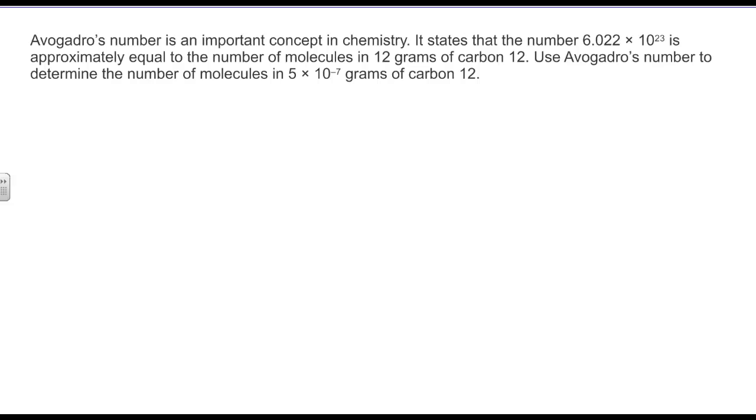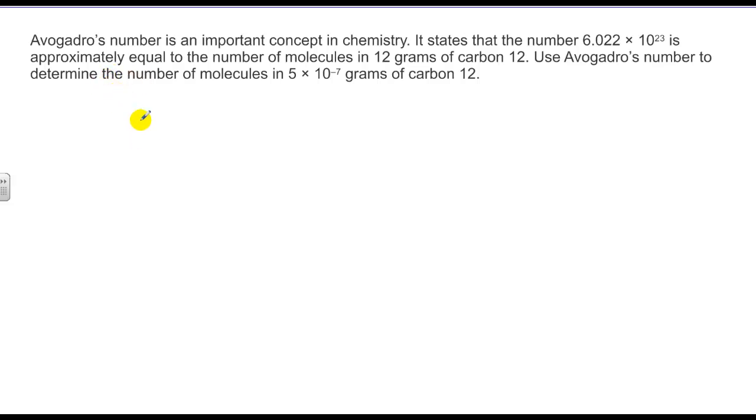So if this 6.02 times 10 to the 23rd is the number of molecules in 12 grams, I want to know how many in 5 times 10 to the negative 7th. Well, I can do a proportion.